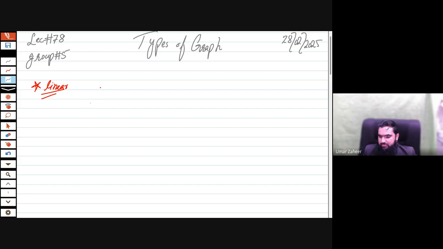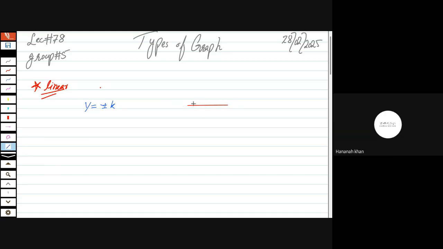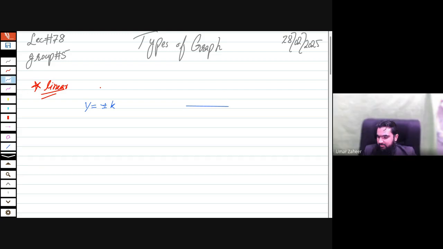I told you if you have y is equal to some constant, it means that you have a horizontal line, right? And if you have an equation, for example, y = -2 like this.